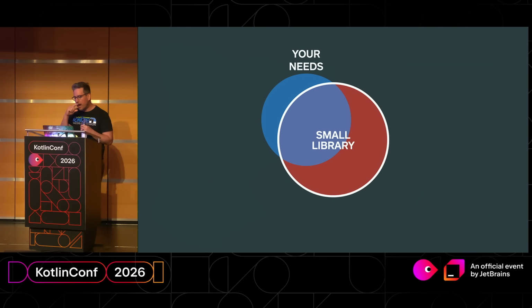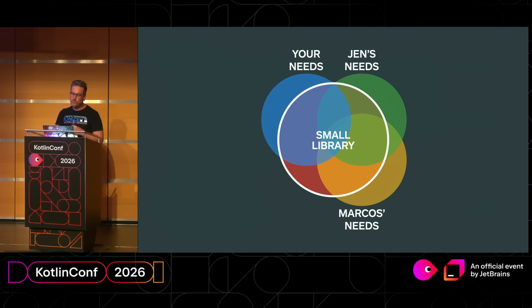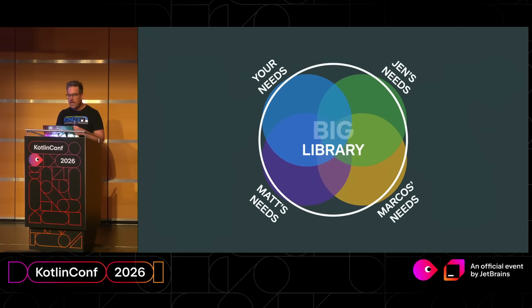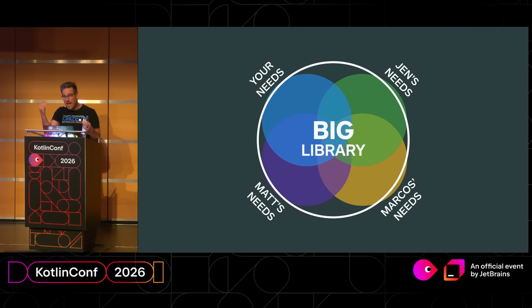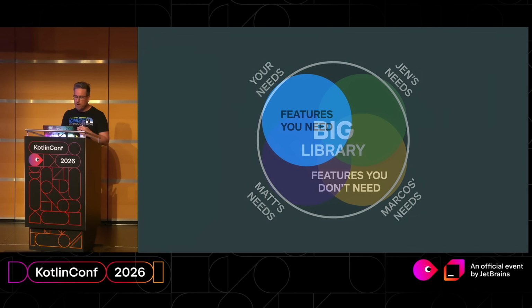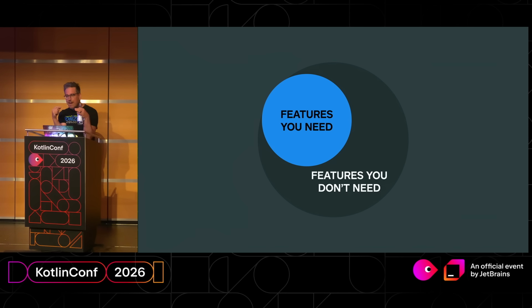What happens over time is that you extend that library to meet the needs of all of your friends and all of your customers. And pretty soon you have a big library. And what's tough about this is that every user of this library is getting way more than they want.